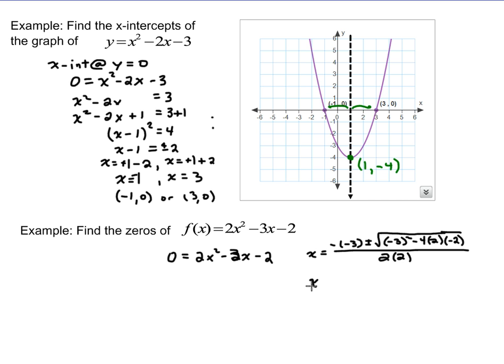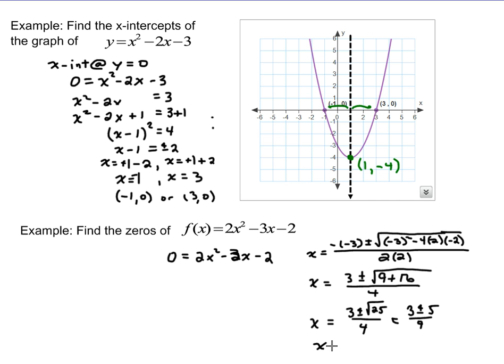All right, what does that work out to be? Well, x will be equal to positive 3 this time, plus or minus the square root. Let's put in our numbers for our square root here of 9 plus 16 divided by 4, which is to say x is equal to 3 plus or minus the square root of 25 over 4, which we normally call 5, right? Plus or minus 5 divided by 4. So what does that mean to us?